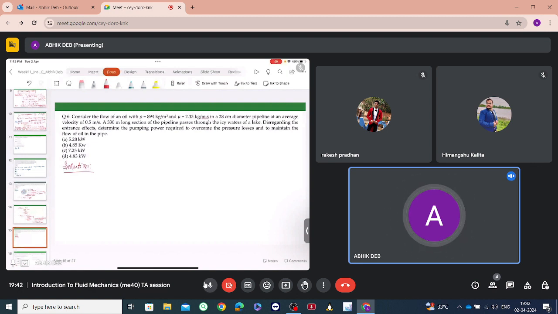This is the exact solution of Navier-Stokes equation. Now for this we are considering a steady, laminar, incompressible and fully developed flow.